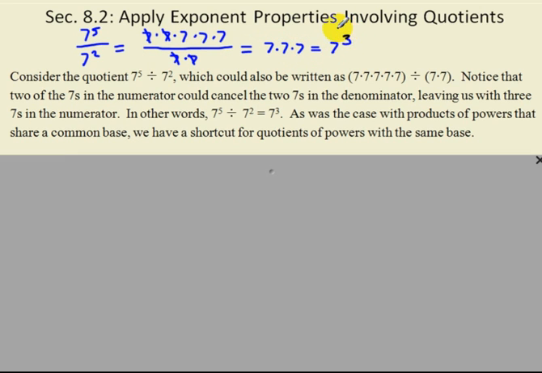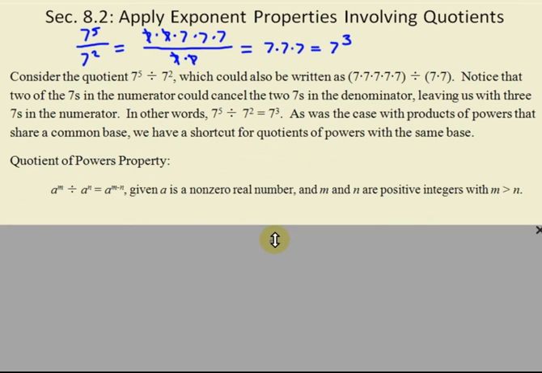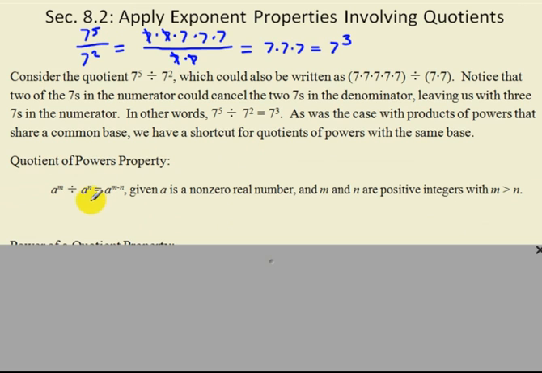And notice that once again we have a shortcut, but this time instead of adding the exponents, we're going to subtract. So we'll take the exponent in the numerator and subtract the exponent in the denominator. So in general, we'll have something that looks like this, where we have a to the mth over a to the nth is equal to a to the m minus n power.